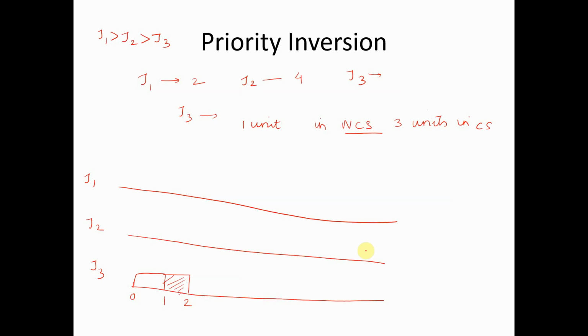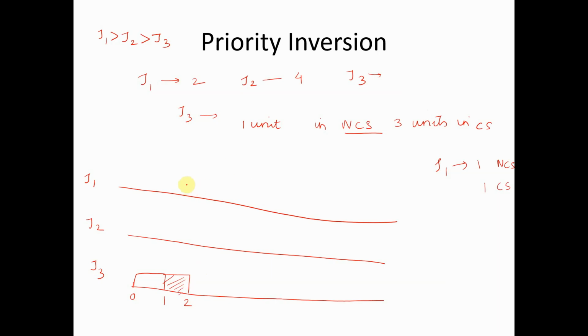Now consider that J1 needs 1 unit in non-critical section and 1 unit in critical section. Right now, J3 is holding this shared resource and is in critical section, so no other process can be allowed to enter this critical section.